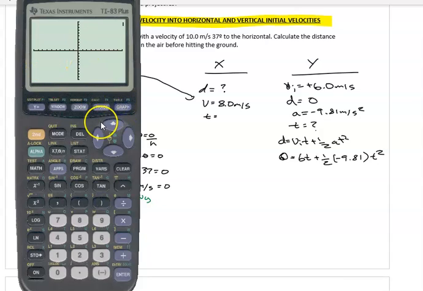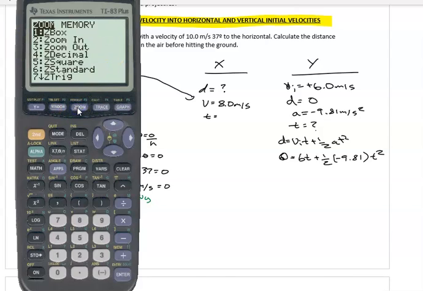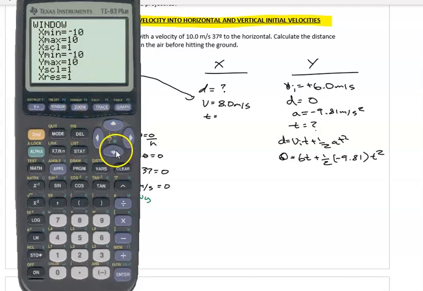When we graph this, it'll look something like this. It's graphing the first one and second one. We're going to zoom in just a little bit by changing our window settings. X minimum will go to -1, X maximum, let's go 6. Let's go -1 and 6.